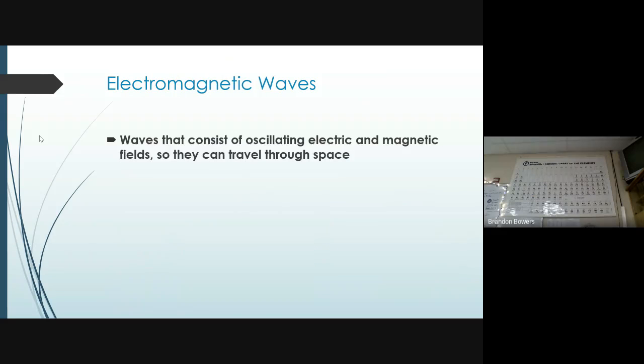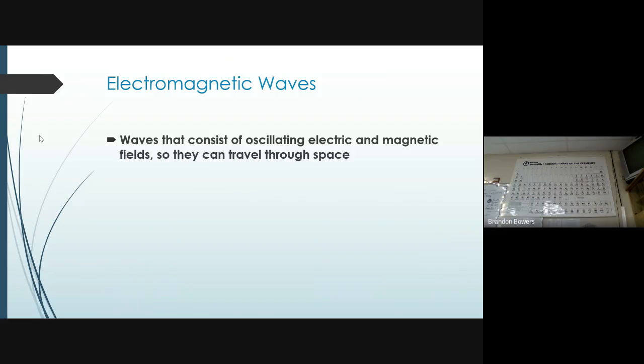Next one: electromagnetic. How fast do they travel? Does anybody remember? We just said this. 3 times 10 to the 8. They travel at the speed of light. These are waves that consist of oscillating electric and magnetic fields, so they travel through space. Wait a minute.